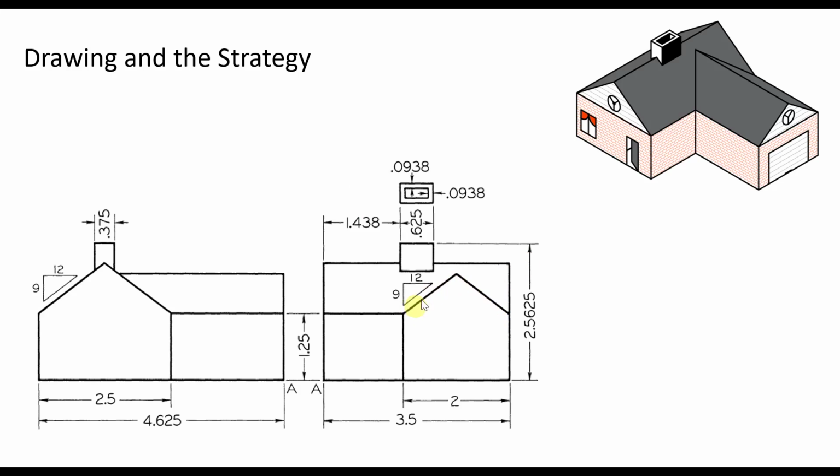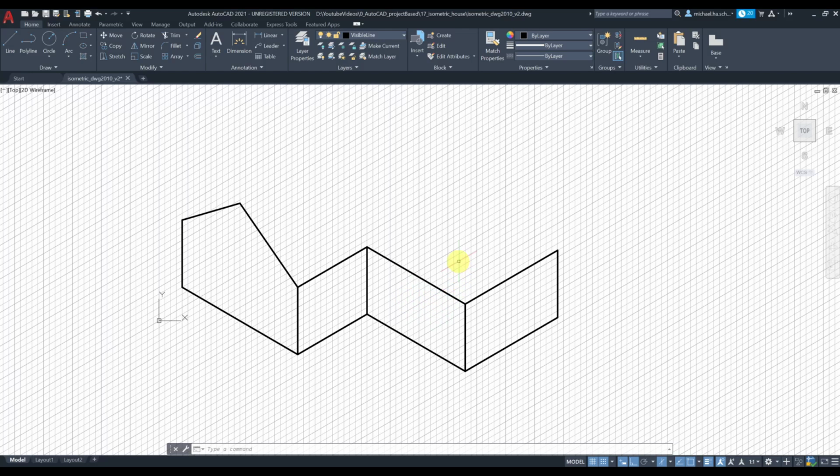To draw these inclined lines, again the same type of dimension is given, 9, 12 or 3, 4, it doesn't matter. We're going to use the same methodology I demonstrated to you here. So let's go ahead and do that. So 4, 3, right? Let's go ahead and change the layer so that it doesn't confuse you.